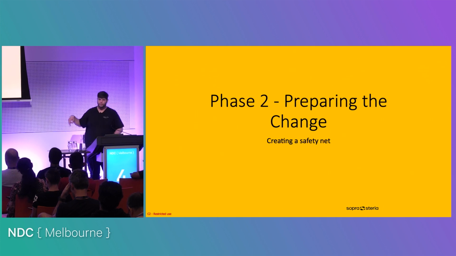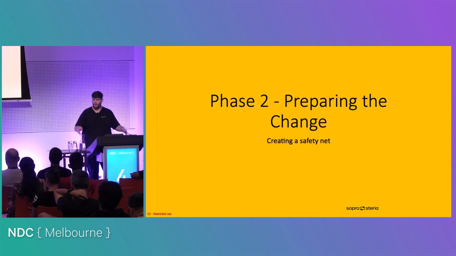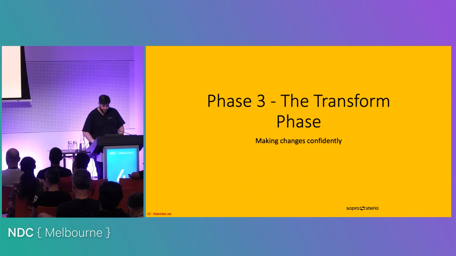In phase 2, we're still not refactoring or changing anything. We are preparing the change itself. We have had the insights, but now we want to make sure the change will go as smoothly as possible, mainly using all kinds of testing tools, and make sure that we have a strong foundation, a strong plan to make the change happen.